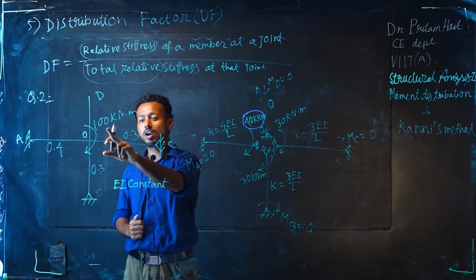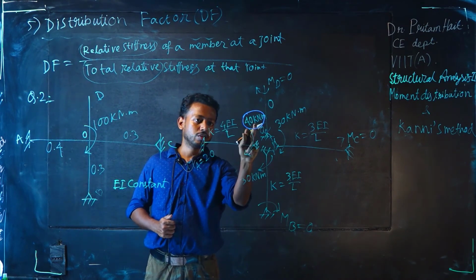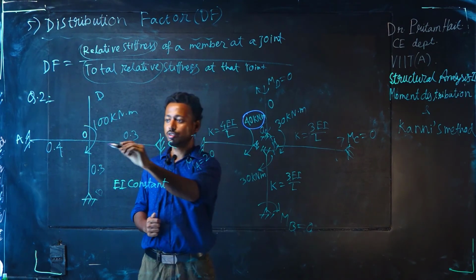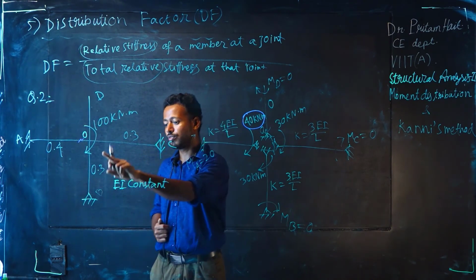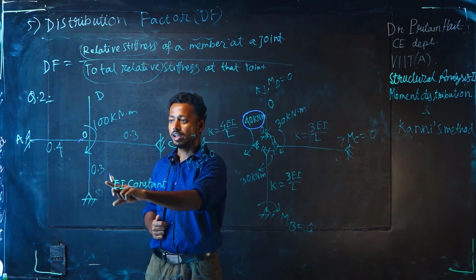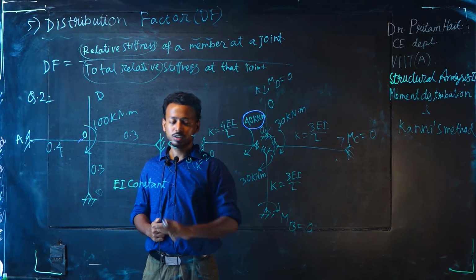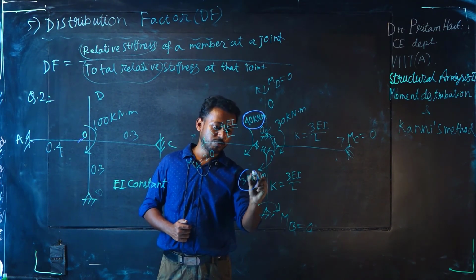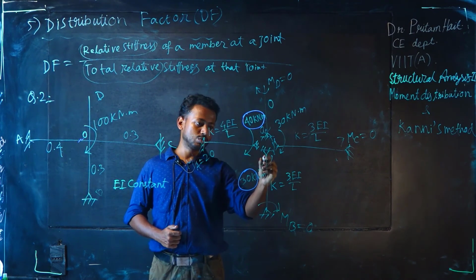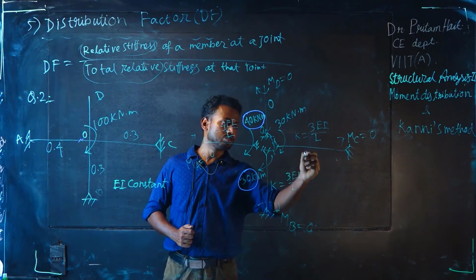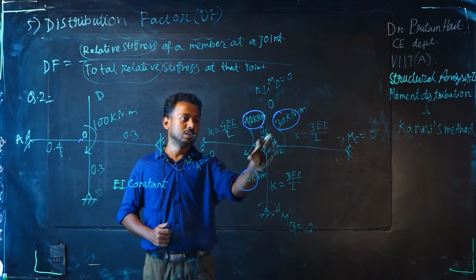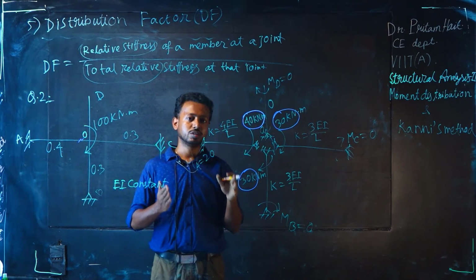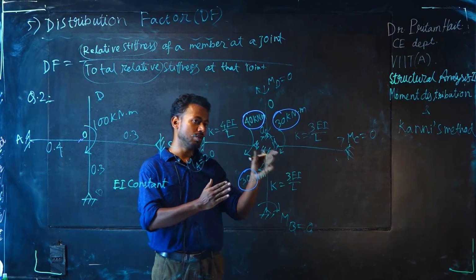So 0.4 into 100, 40 kN will be transferred from this joint to this beam. As the distribution factor of OB is 0.3 and OC is 0.3, 30% of 100 kN will be transferred to the beam OB and also to the beam OC, right? So this is a total of 100 kN moment.